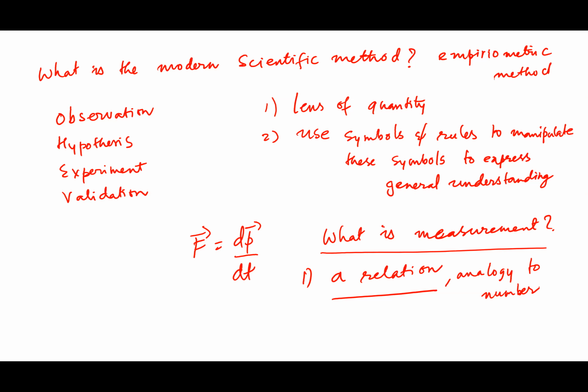So I'm making an analogy to your health, and when I say that diet is healthy, I mean that if you eat that diet, you are going to be healthy. That's what I mean. In that sense, I'm making an analogy to number here. It's not the diet that is healthy. It is you who is healthy. In the same fashion, I can assign a number to the intensity of color, but it's only an analogy. It does not reduce the quality to a quantity.